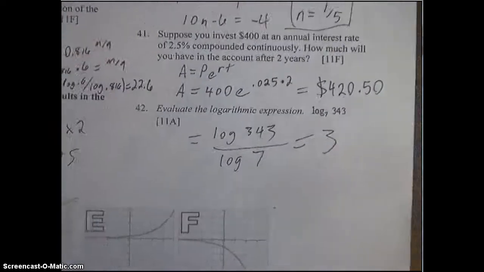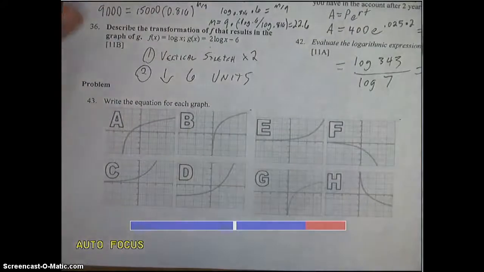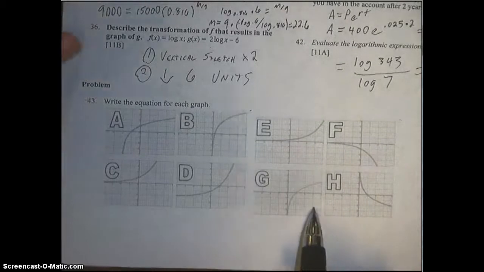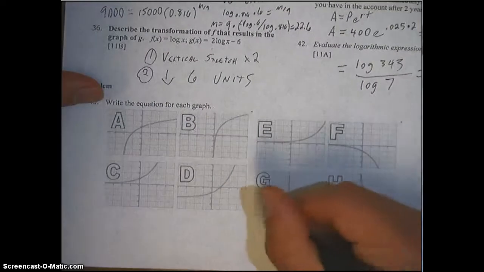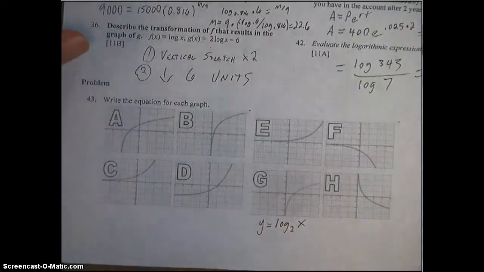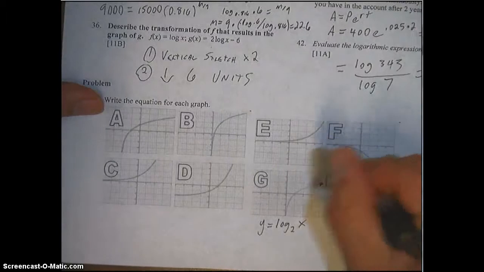For these graphs here, I guess we should talk about these. The first step is to identify the parent function, which is going to be g here. G is y equals log base 2 of x. And the reason I know that is because it has this point here and this point here.